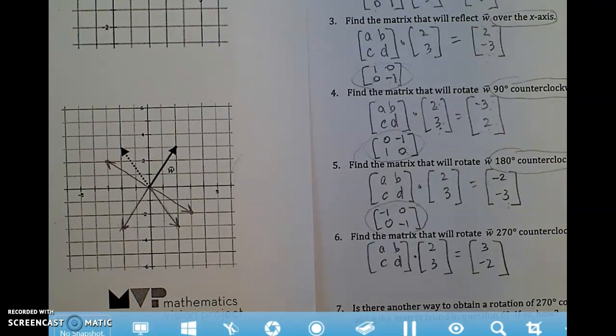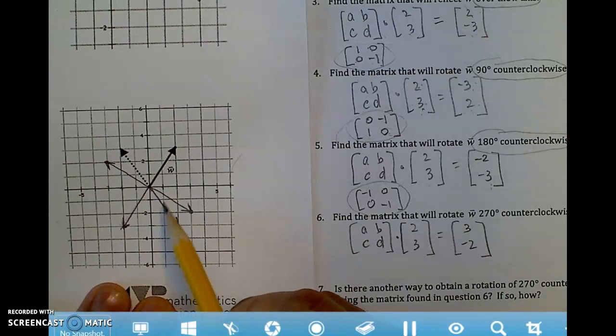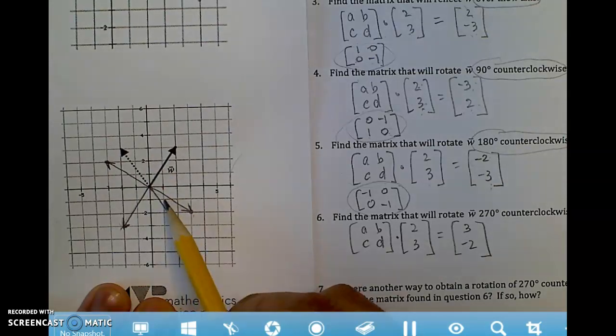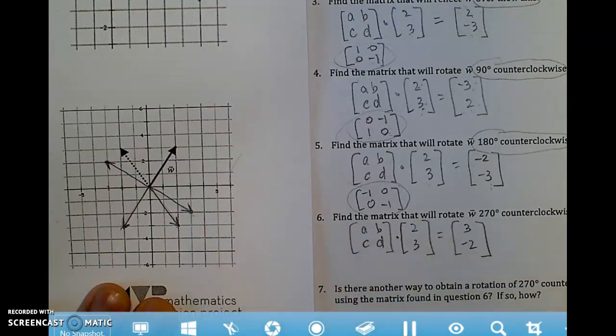Alright, and this next one, 270 degrees counterclockwise. What that looks like is this vector right here. That's my 270 degrees counterclockwise. The horizontal component of that is 3, vertical -2. So here's that result, 3, -2.